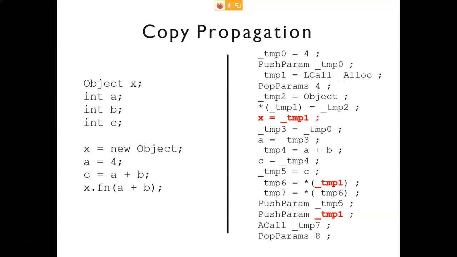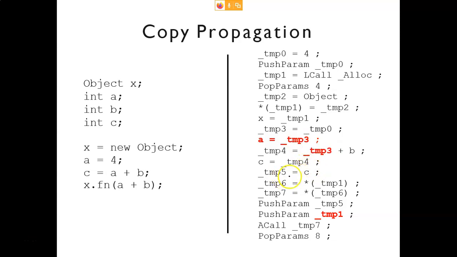This is how you do copy propagation. Similarly here you are assigning a variable to A, and in between you are not changing A or temp3, so you can replace this A with temp3.